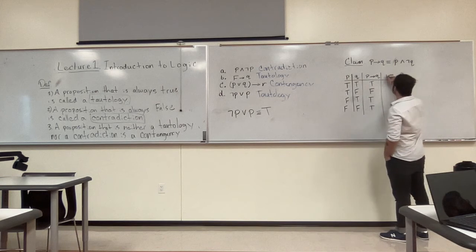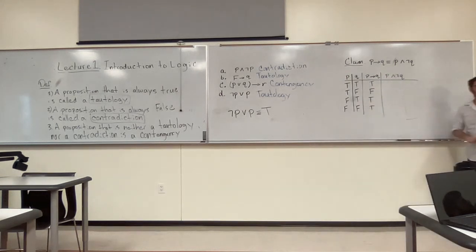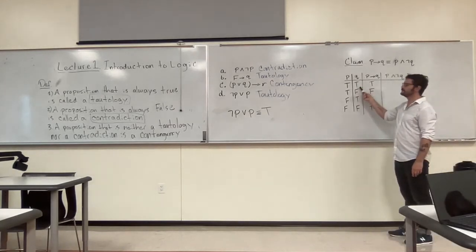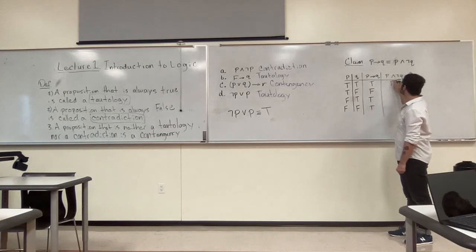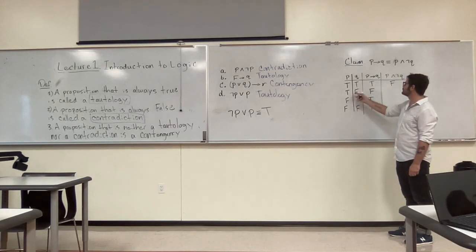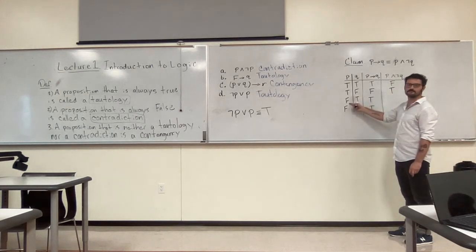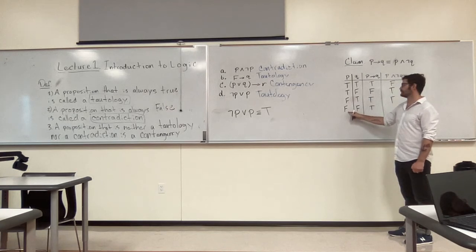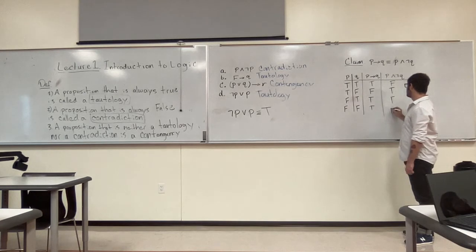And then finally, let's look at P and not Q. So then we have true and false, which means it's going to be false. Then we have true and true, true. We have true and false, which is false. Then we have false and true. So false.